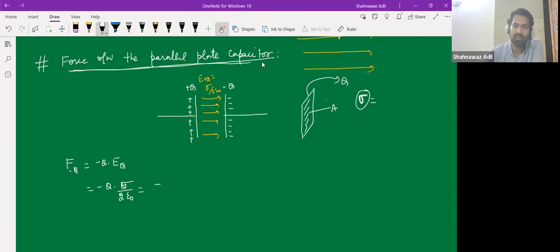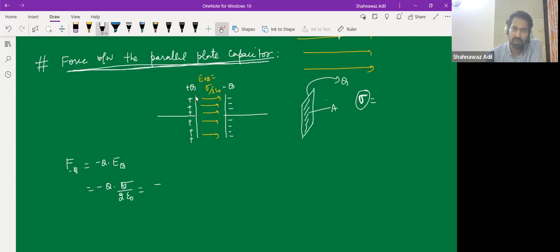Okay. So now we have calculated the capacitance of different capacitors, parallel plate, spherical or cylindrical capacitor. Now we are calculating the force between the plates of the parallel plate capacitor. So we have this positive plate and this negative plate.